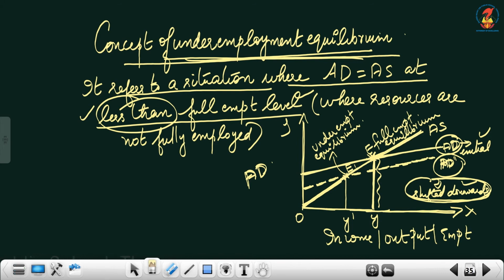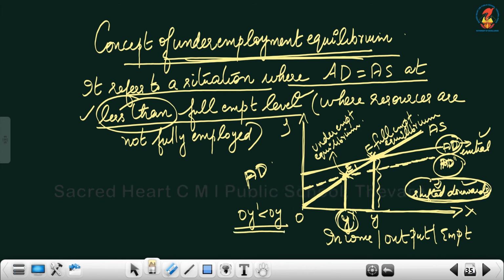The aggregate supply curve is not changing; it remains constant. The new aggregate demand curve intersects the existing aggregate supply curve at point E1. From there, if you draw a line to the x-axis, you can find the new level of income OY1, which is less than OY.